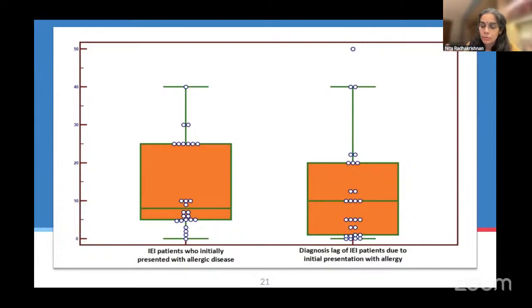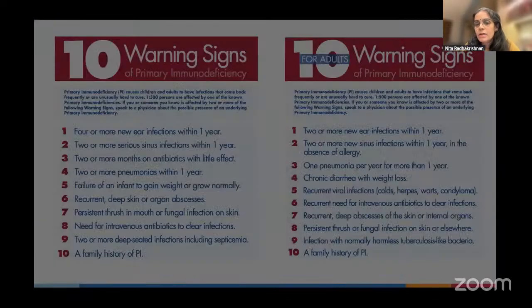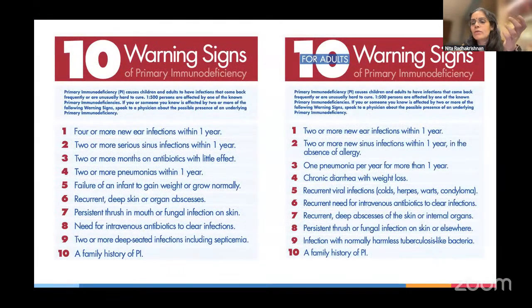So both ways there is a diagnostic lag, because you're so focused, like Dr. Vipul mentioned in the beginning, on allergy that you're not thinking about anything else. It happens at times, and then finally when a diagnosis is made based upon a simple CBC and an immunoglobulin profile, we would have lost a lot of time trying to change the different types of milk and things like that in the process.